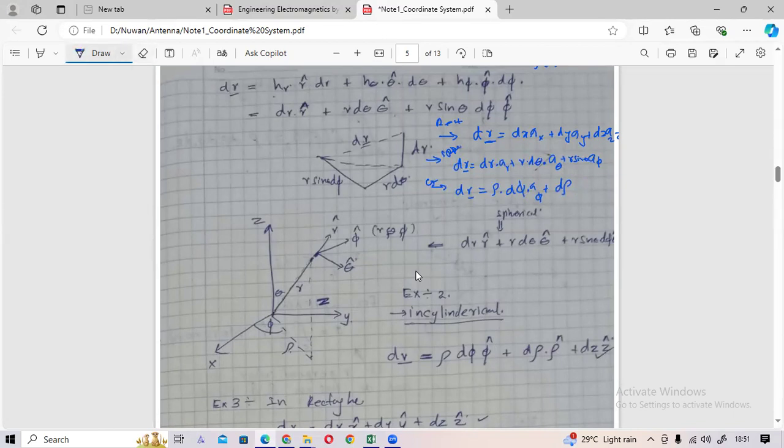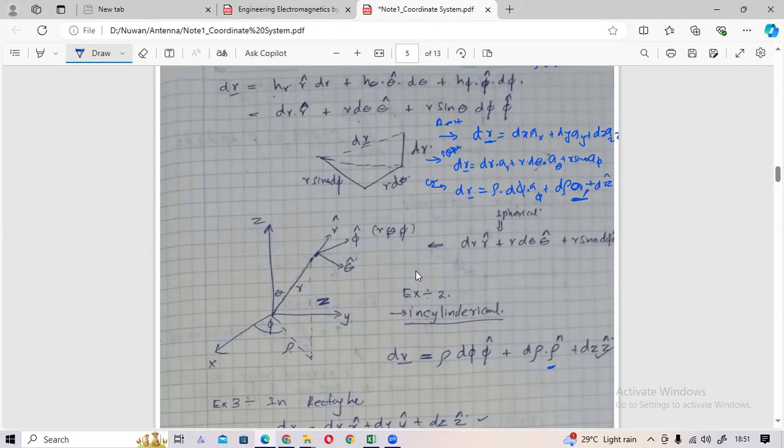The arrow means the unit vector. Here it is mentioned as rho hat, but we use the a notation to identify the unit vector. Plus dz in the z direction.